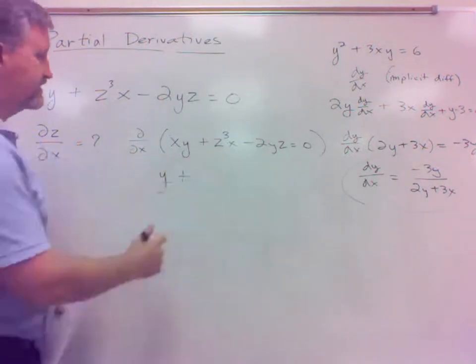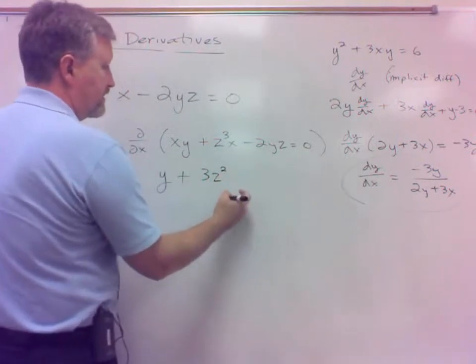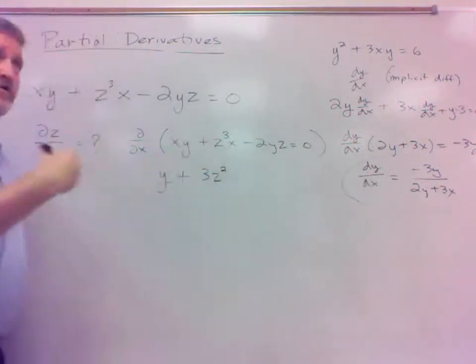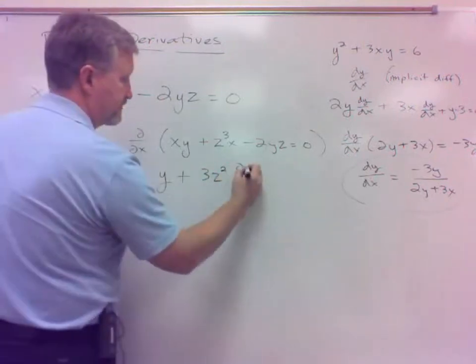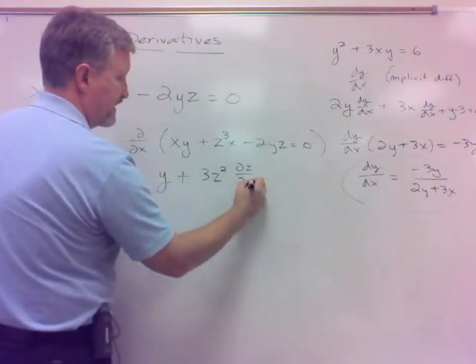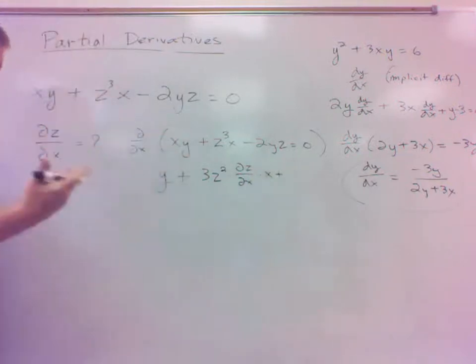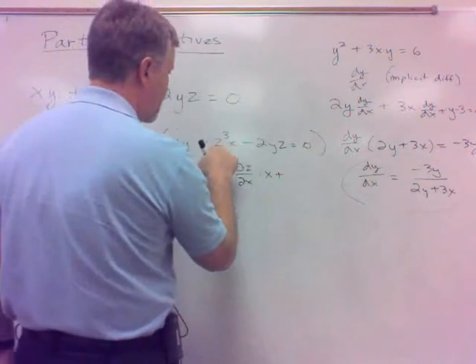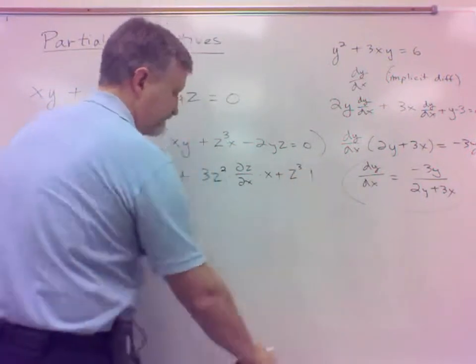Like I said, 3z squared. And since I don't know what z is in terms of x and y, I'm just going to have to say there's also the partial derivative of z with respect to x of that. But then I'm going to have to reverse that and do the product rule, so I do that times the derivative of x, which is 1.